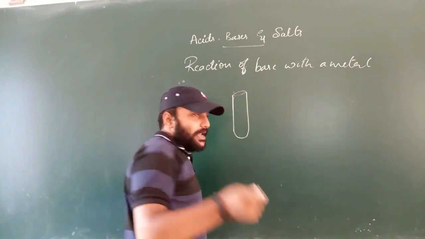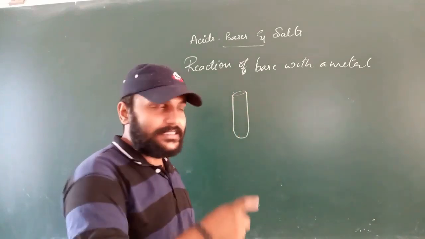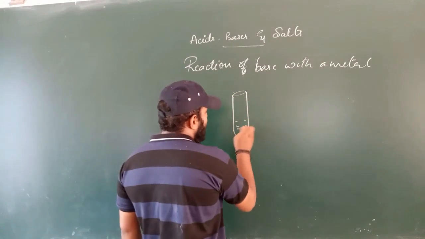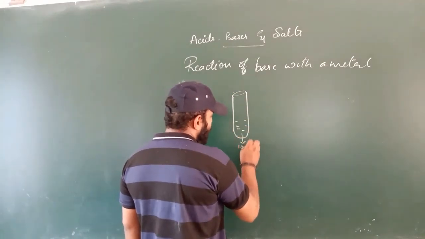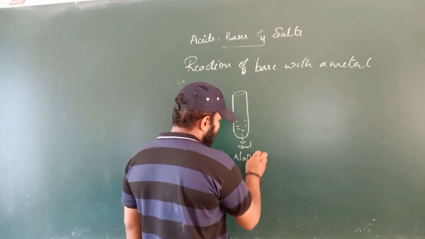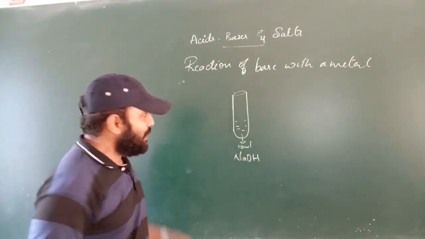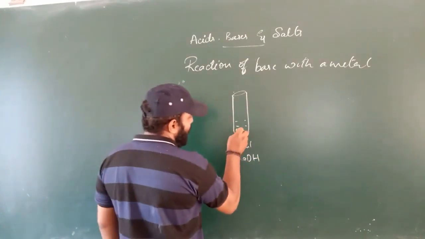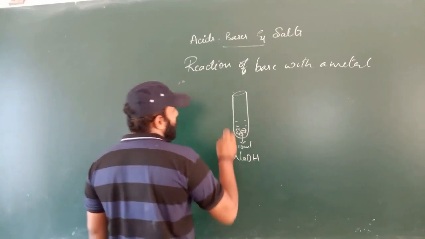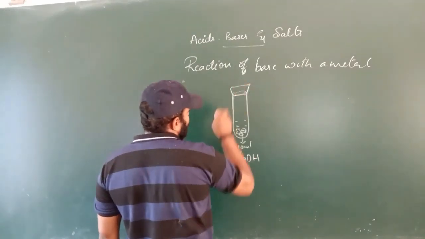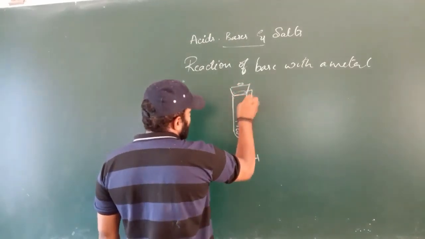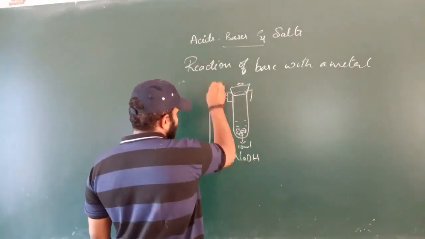There I had added 10 ml of HCl, an acid. Here I will take 10 ml of sodium hydroxide, since it is a base. Same thing here, we will take zinc granules into the test tube. Now we will close the test tube with a single hole rubber cork. I will clamp this test tube to a retort stand.